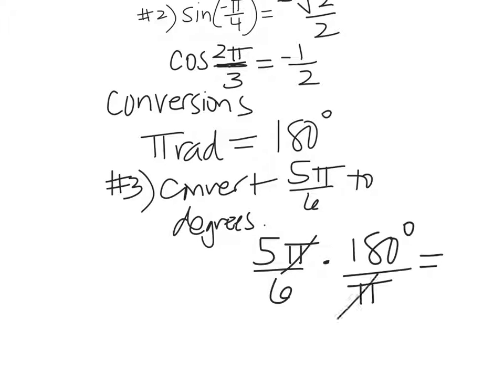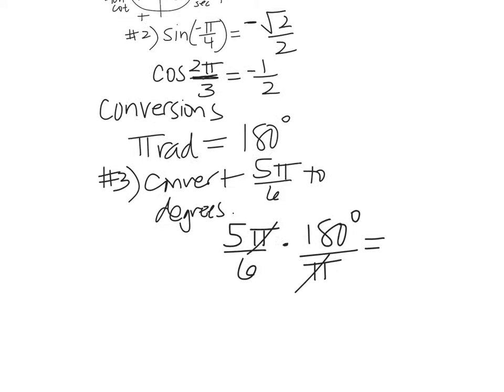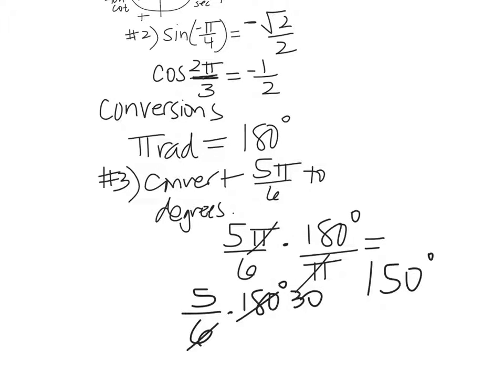So your radians cancel. 6 goes into 180 how many times? 30 times 5? What if you don't have your calculator? You would go 6 goes into 180, 30 times, 5 times 30 is 150 degrees.